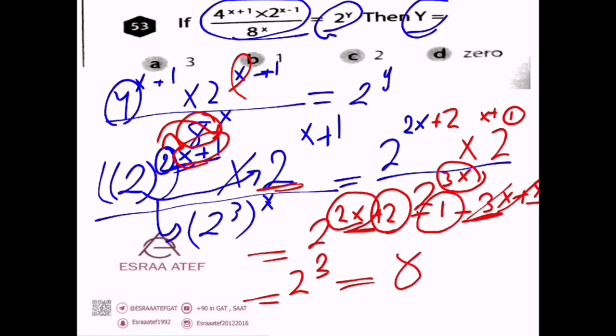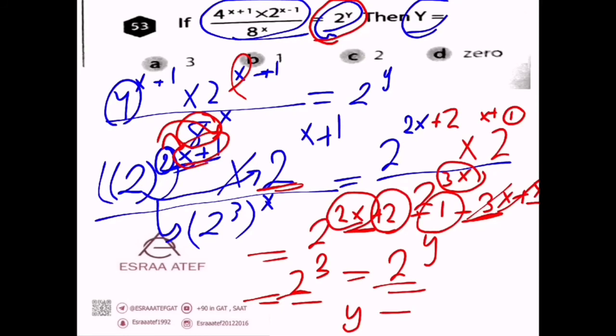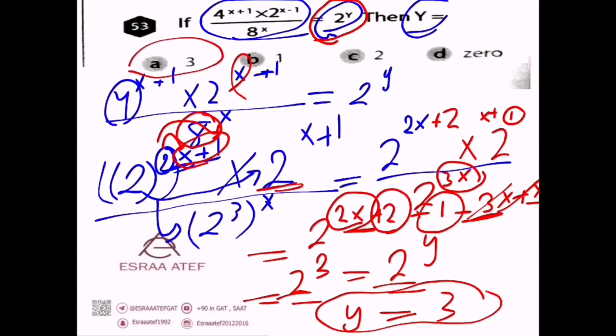Sorry, we finally have 2 powered by 3. Okay, he said in the first that all of them equals 2 powered by y. So we have here the same numbers, so y equals 3. So y equals 3. So the answer will be A.